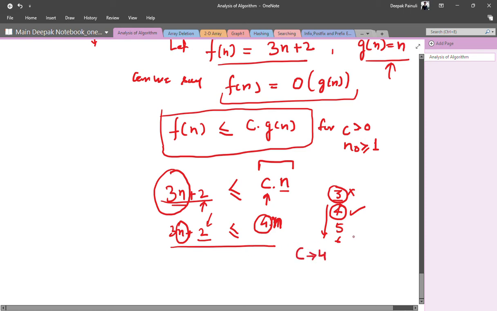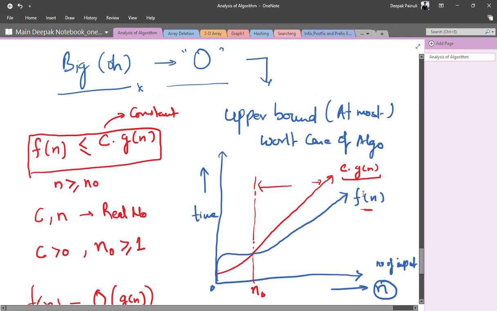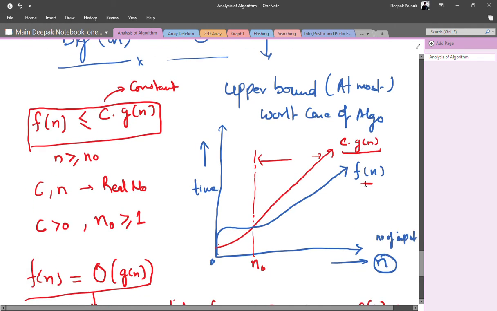We can take 5 also, we can take 6 also, but in the case of big O, we need the least possible upper bound. We can write here: least possible upper bound. We are talking about the least possible upper bound.